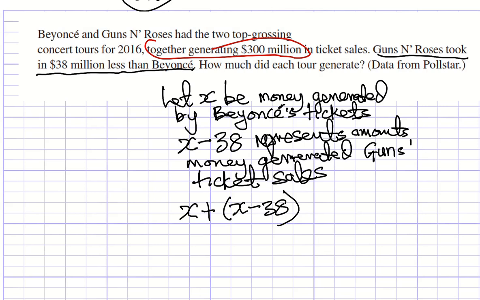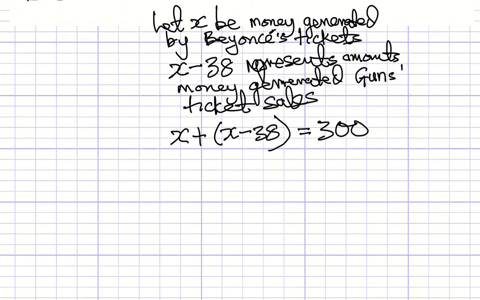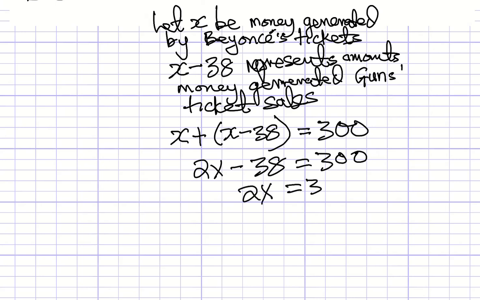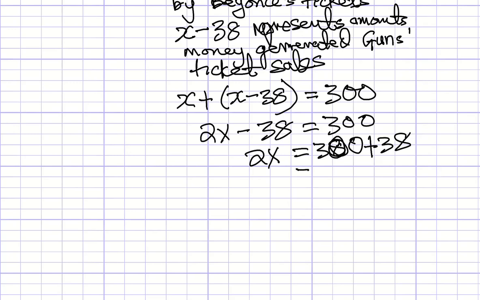We're not writing million, it's understood that it amounts to 300 million. So we'll start off by removing the bracket. We'll have 2X minus 38 equals 300. 2X equals 300 plus 38, so that would be 338. Okay, so X is what?